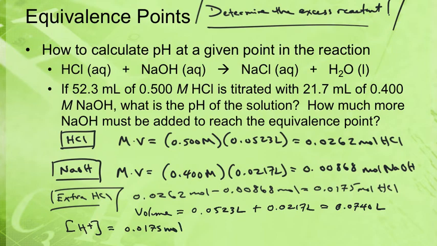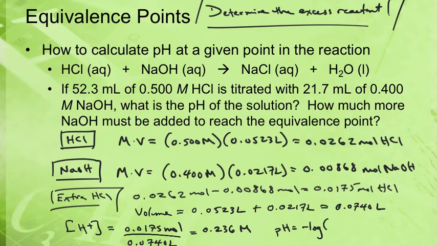0.0175 moles divided by 0.0740 liters. Okay, so 0.0175 divided by 0.074. This is a concentration of 0.236 molar. And pH is just the negative log of that, right?